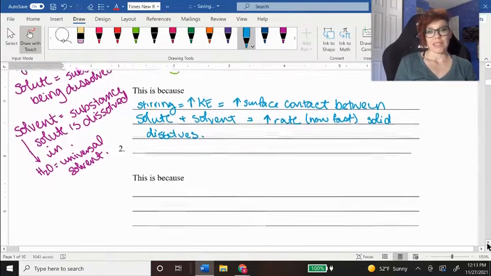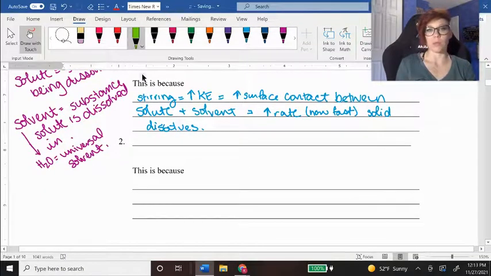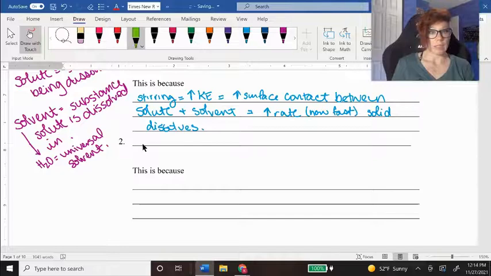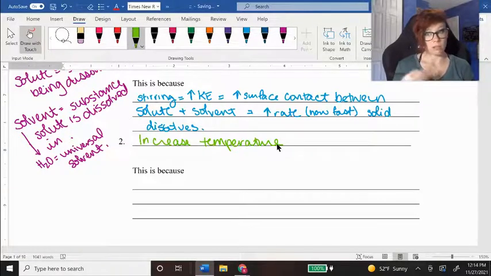Your second way to get more solid to dissolve is increasing the temperature. Think about it: if you've got cold tea versus hot tea, it's easier to dissolve sugar in hot tea than in cold tea. Part of the reason for that is the increase in temperature. If we decrease the temperature, then you might have some of the sugar come out of the solution.